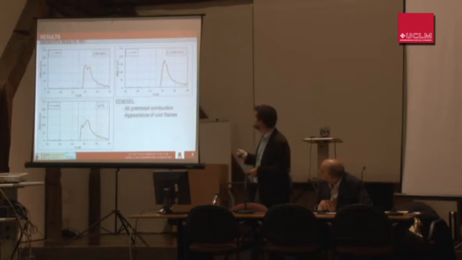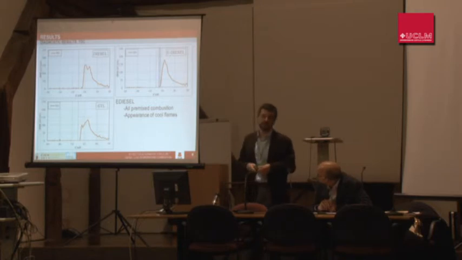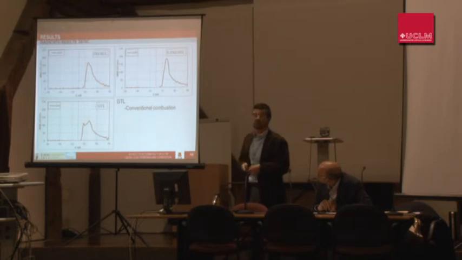At top dead center, the e-diesel heat release shape begins to change. We have something that we are not sure about, but maybe a consequence of low temperature heat release, and that shows clearer at 2 degrees after top dead center.